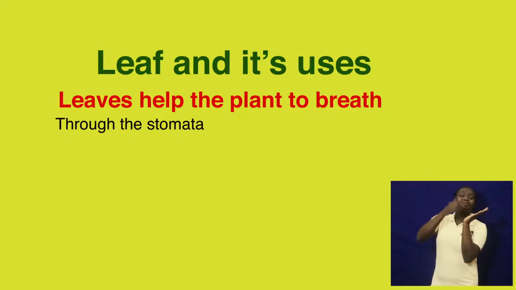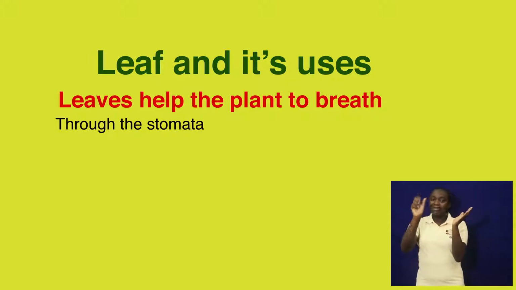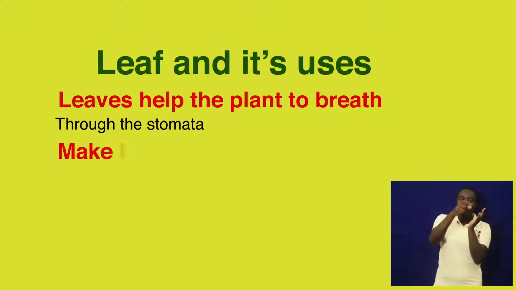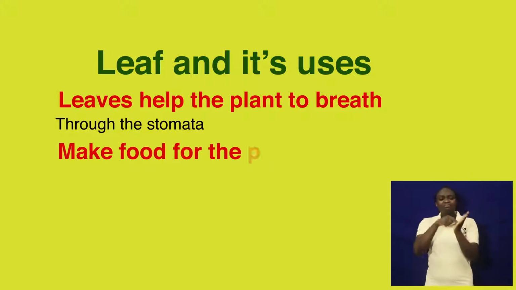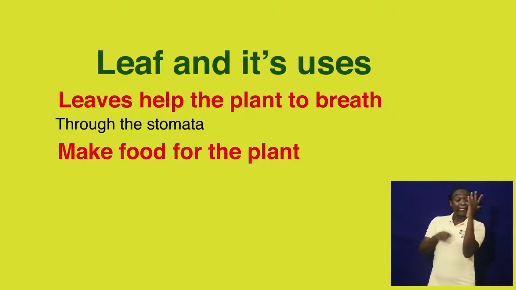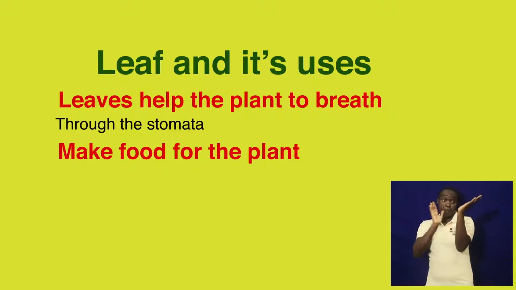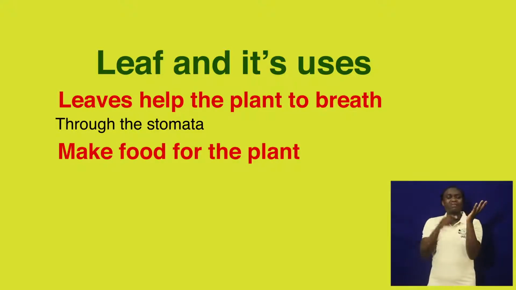If it is one, it is a stoma. Any other? Correct, that leaves make food for the plant. In this process, they need carbon dioxide, water, and sunshine to do this.